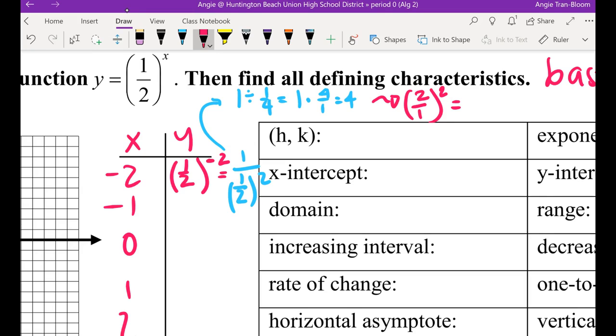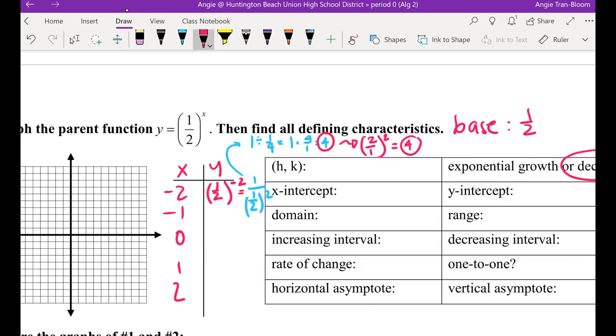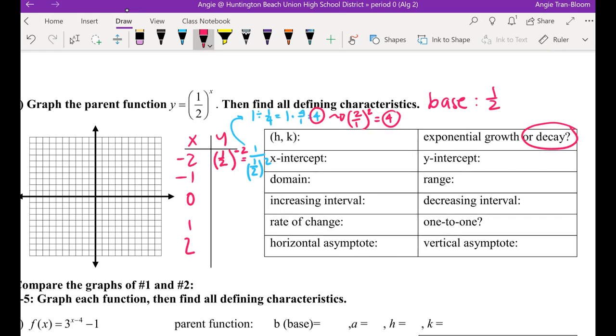Yep. Okay. And that is always, always true. So when you have a negative exponent and it is a fraction base, you can flip your base and change the power into a what? A positive right away.